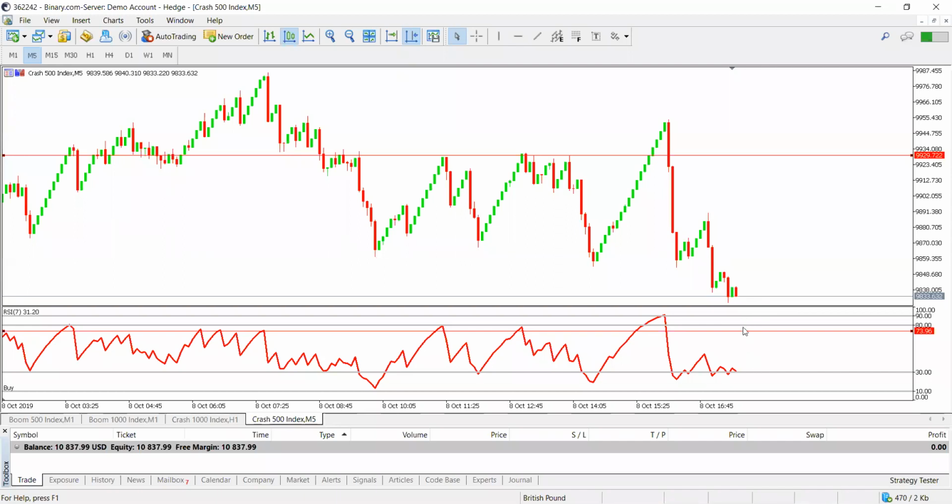Now, how do you sell on these crashes? The simplest way to sell is using your trend line. Trend lines, because of the double crashes, can also be inconsistent.